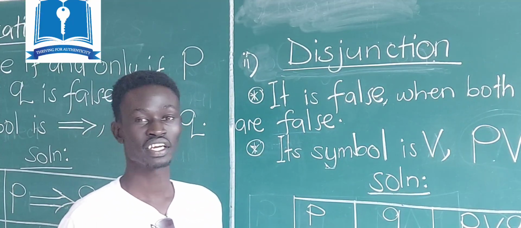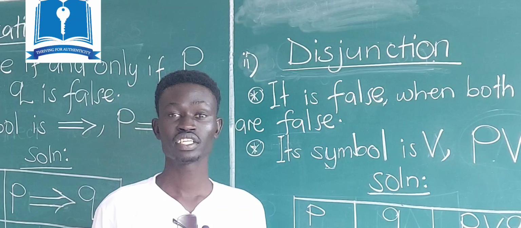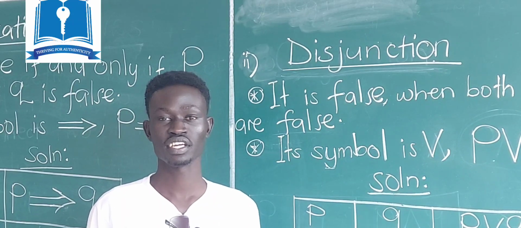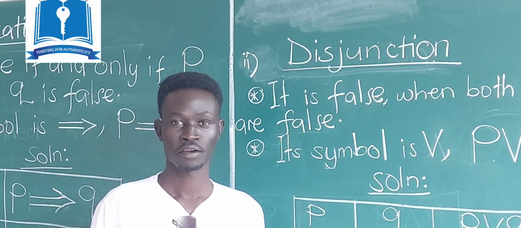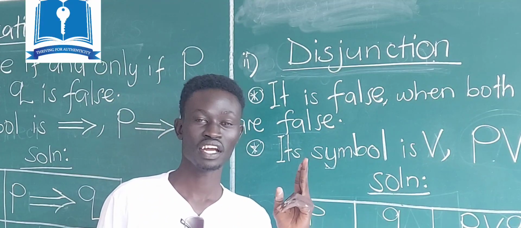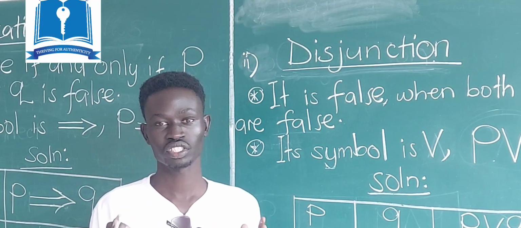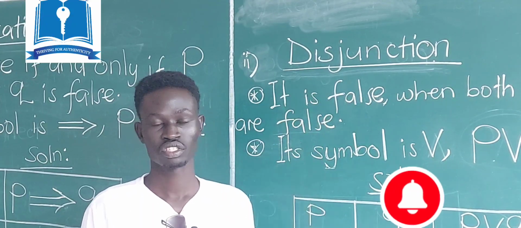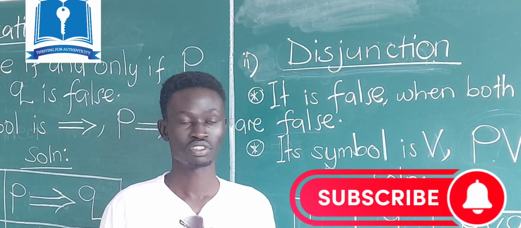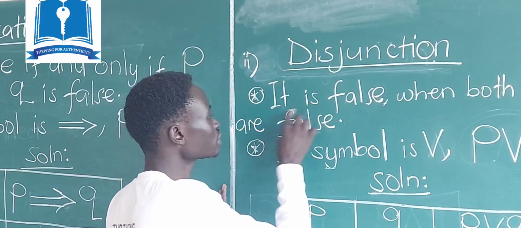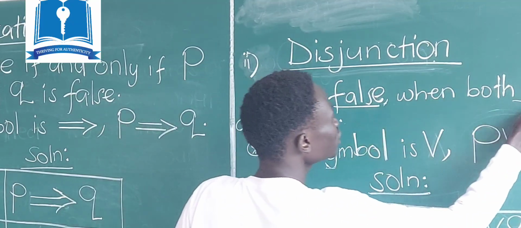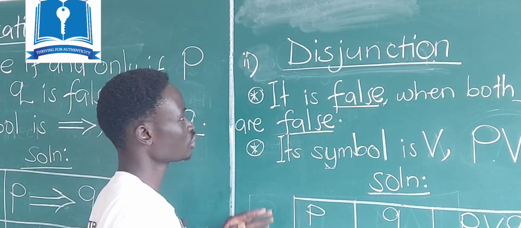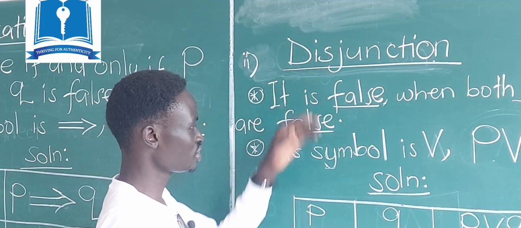The definition is very simple: it is false when both P and Q are false. Just mark this definition and you will pass any question asking about disjunction.